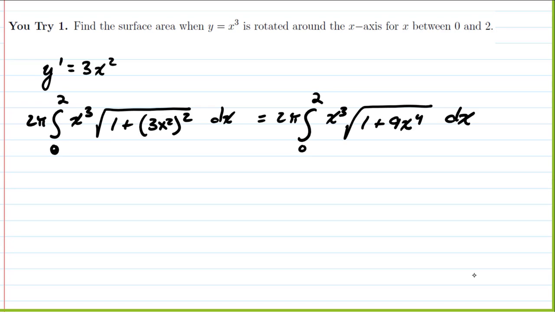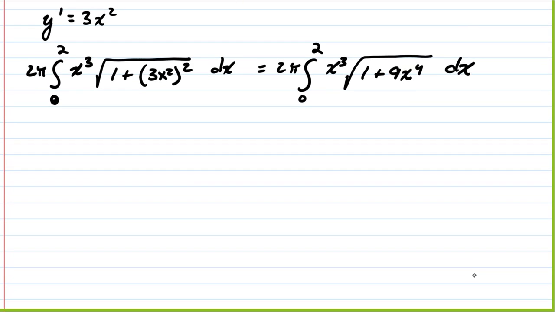So we had 1 plus y prime squared. That gives us 2 pi times the integral from 0 to 2 of x cubed times the square root of 1 plus 9x to the 4th dx, since 3x squared squared is 9x to the 4th. So we need to figure out this integral. Luckily this time, something very nice happens.